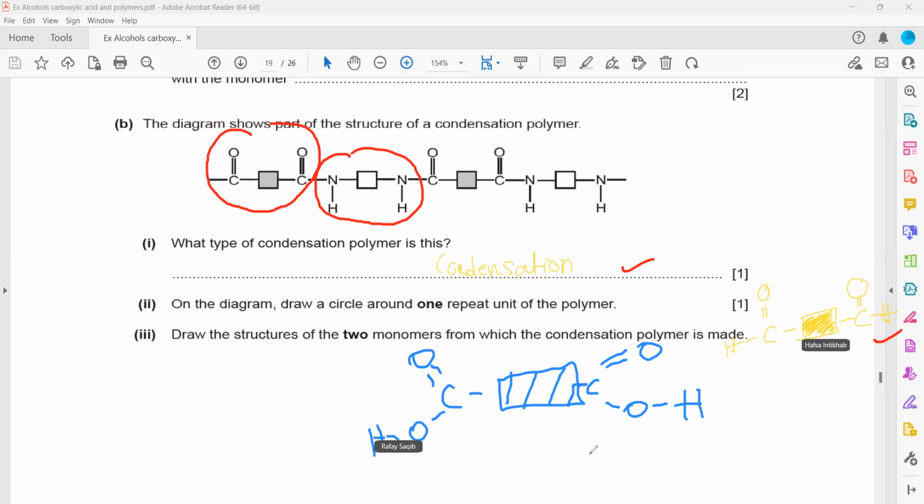And the second one is a diamine. So draw the same structure but put hydrogen. NH groups are there on both ends, but just put one more hydrogen to make the structure stable, like nitrogen can form a maximum of 3 bonds. So diamine and dicarboxylic acid.